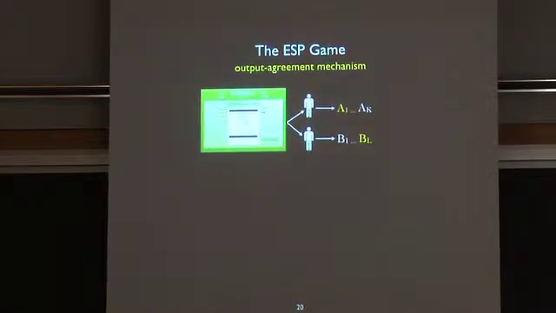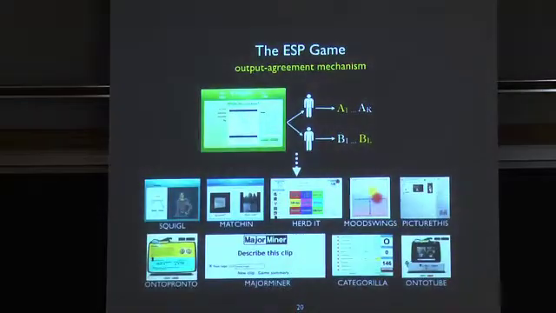One idea is that we can use the ESP game mechanism. The ESP game is really a game template where you give the same entity to two people, they generate some kind of output, and if the outputs match, then you trust that output as being reliable. And in fact, it has been reused many, many times.